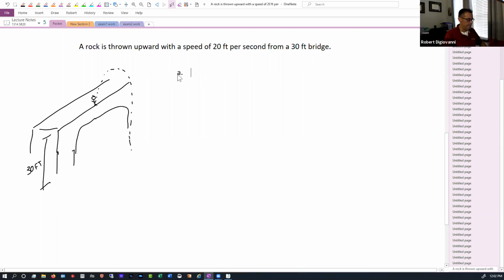First question, part A. Find the quadratic function which gives the height of this ball as a function of time.